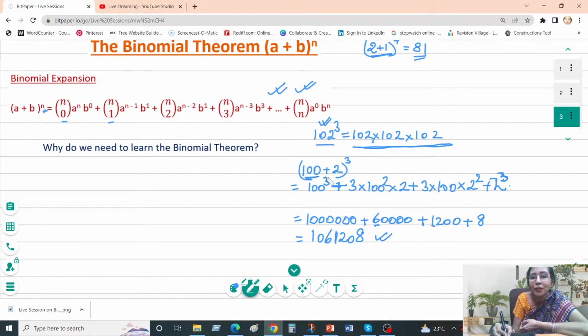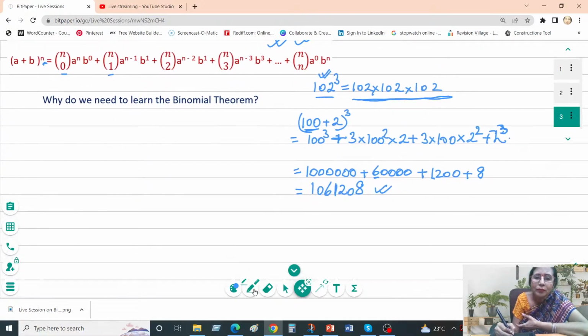It will not be this easy, but yes, it may be a paper 2 question, and then you may have a number, say 2.01. I'm not doing this, but if it is asked to get the value of 2.01 to the power of 4, definitely this can be a paper 2 question.